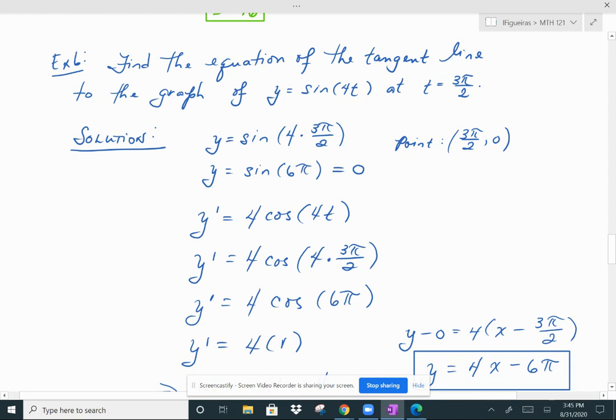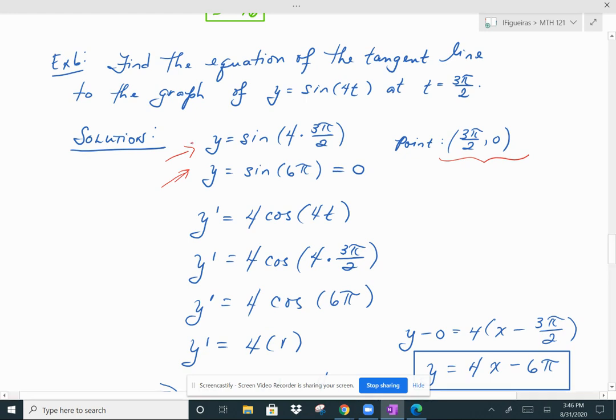But I also need a point in order to find the equation. So the first thing I did was evaluate sine of 4t at 3 pi over 2. So that is the sine of 6 pi, and sine of 6 pi is 0. So your point is 3 pi over 2, 0.